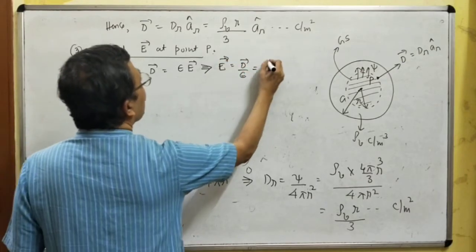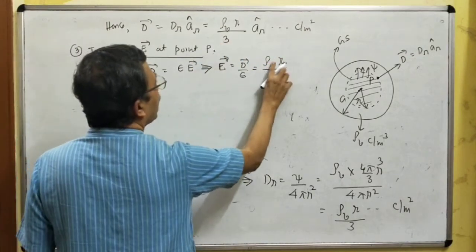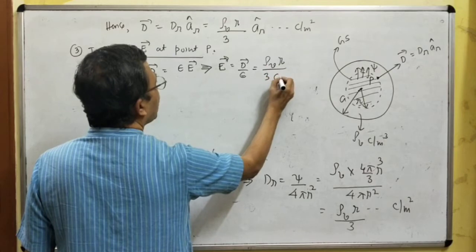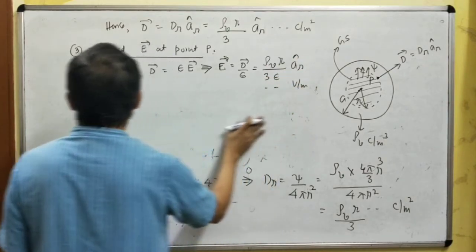So substituting the vector D expression, it is rho v into r divided by 3 epsilon into ar cap volts per meter.